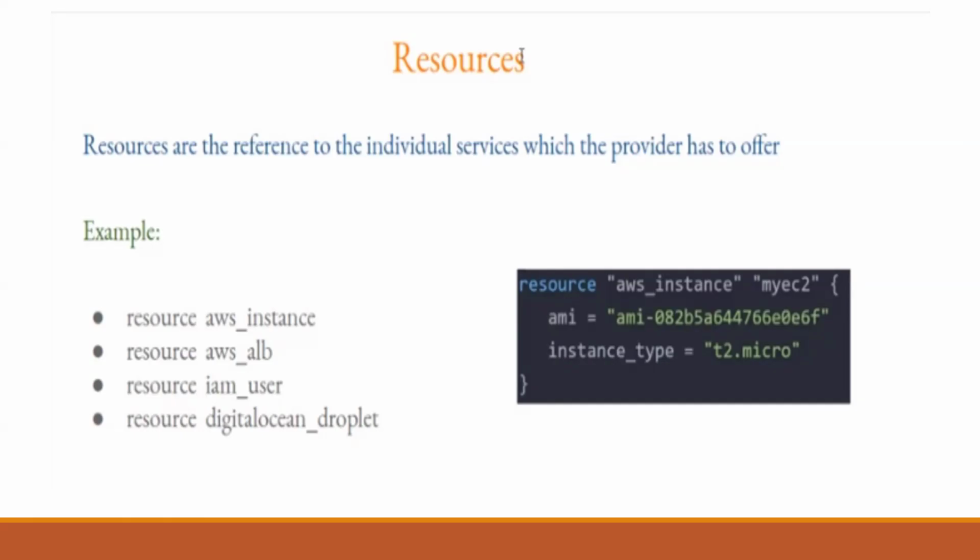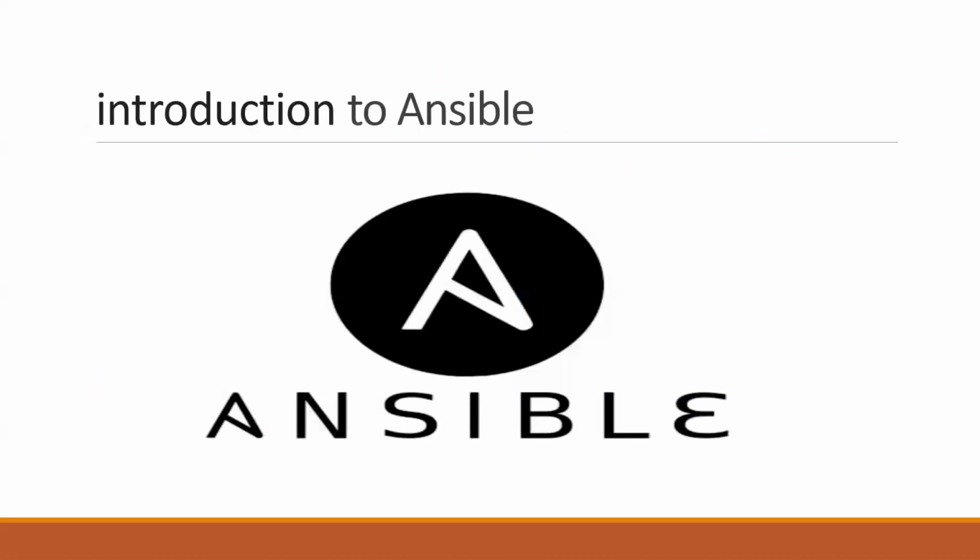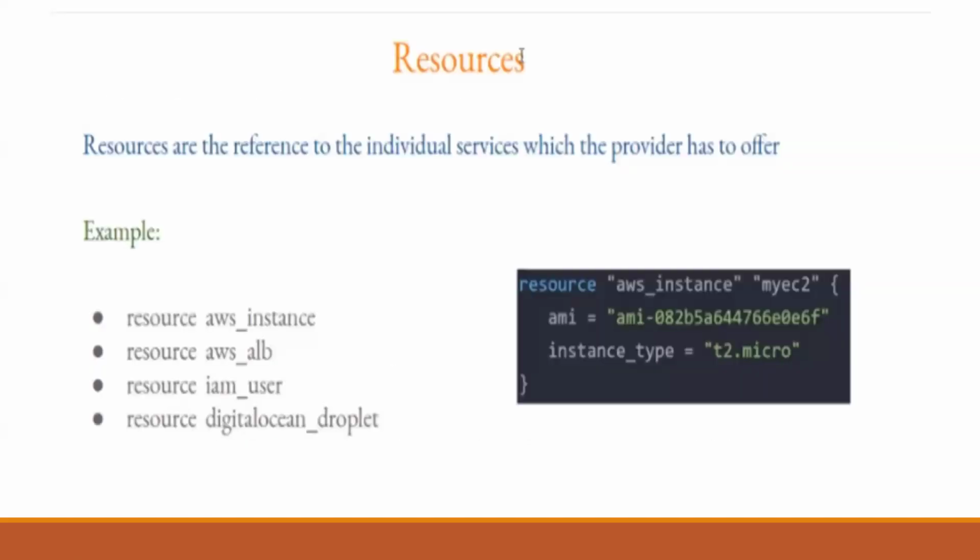Examples: resource aws_instance, aws_lb, iam_user. So these all are the resources, the references to the individual services which the provider has to offer.